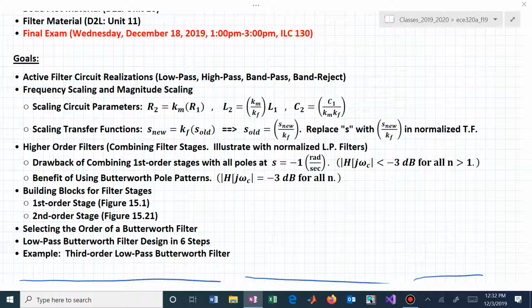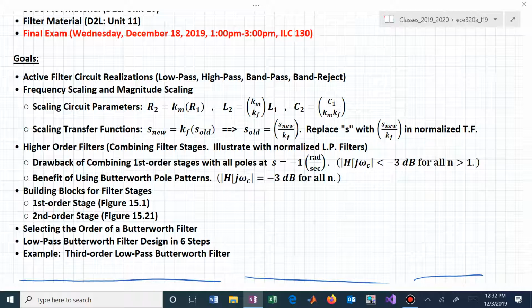They can all be a distance of 1 from the origin. If we want a normalized frequency of 1 radian per second, the poles will be 1 radian per second away in terms of their distance. But now where are they located on that unit circle away from the origin?